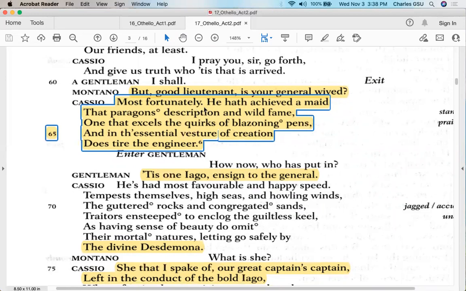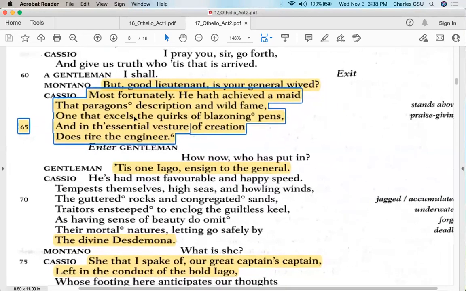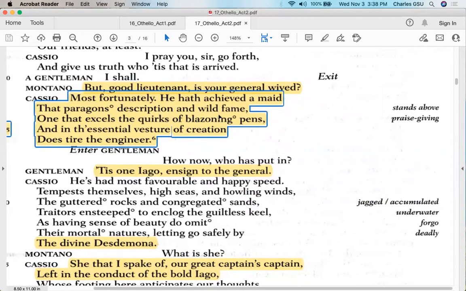Most fortunately, he, Othello, hath achieved a maid that paragons or stands above description and wild fame, one that excels the quirk of blazoning pens, and in the essential vesture of creation does tire the engineer. Basically, he's saying he's married a goddess, right?